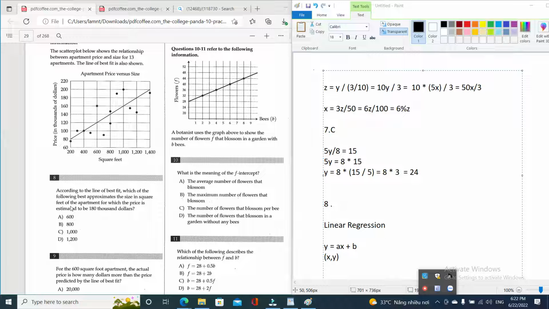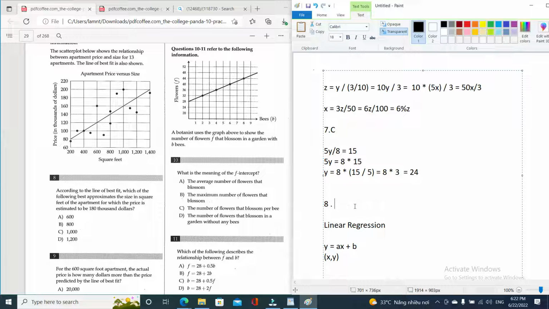According to the line of best fit, which is the best approximate size in square feet of the apartment for which the price is estimated to be $180,000? So $180,000 is here where the mouse is circling. We drag the mouse to where it touches the line, then drag it down to the horizontal axis. We stop at 1,200.